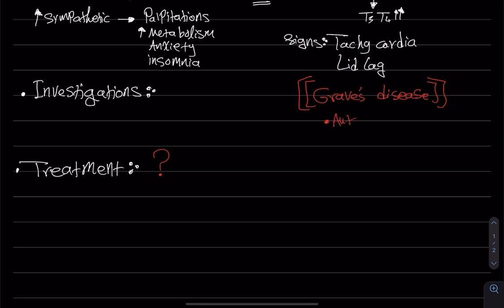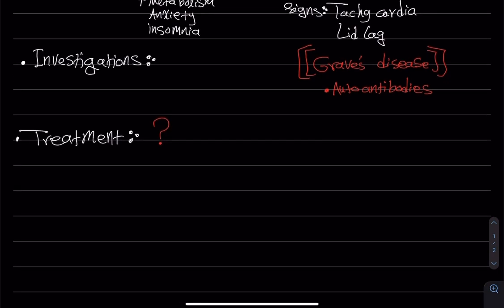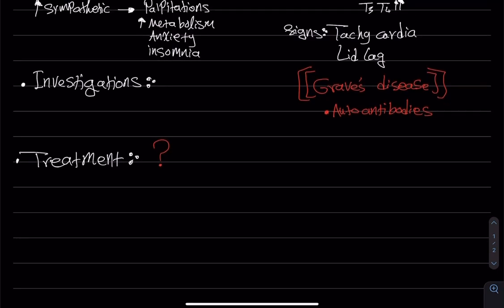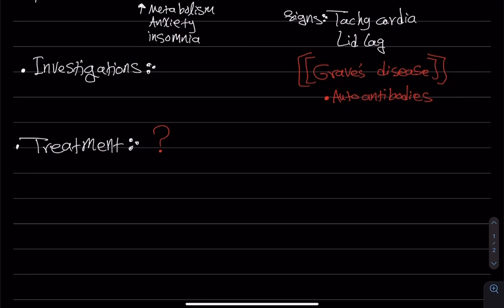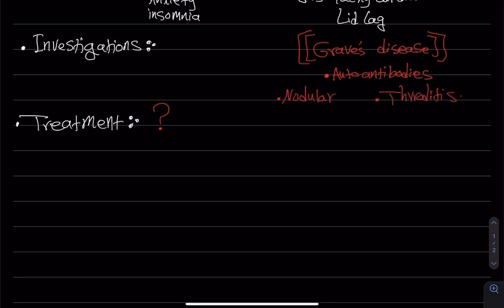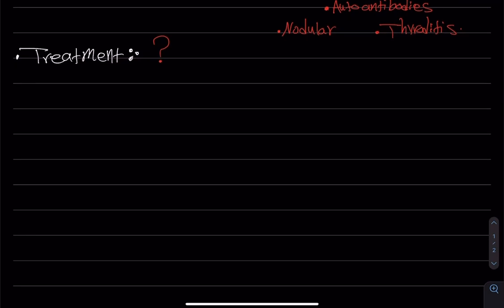How do we know that someone has Graves' disease? With the same points we talked about, and with investigation we can find the autoantibodies. Pretty easy. Also, there may be formation of nodules that produce excess hormones, or maybe there's infection, thyroiditis, that causes hyperthyroidism. I'm pretty sure now you can identify a patient with hyperthyroidism.